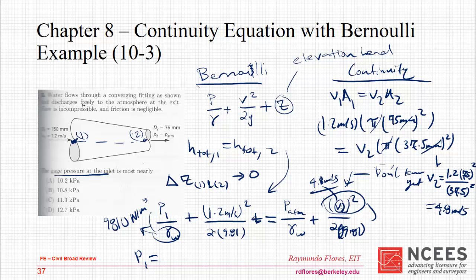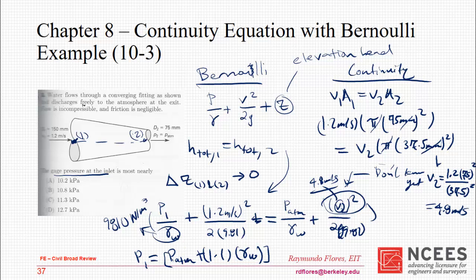And what we get is that PATM plus 1.1 times the gamma W is going to be, whatever that is.